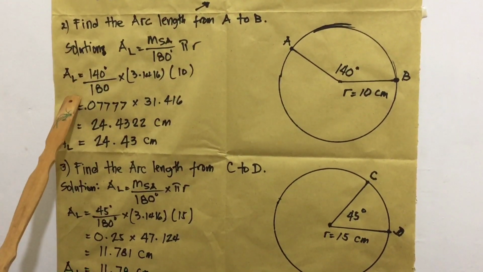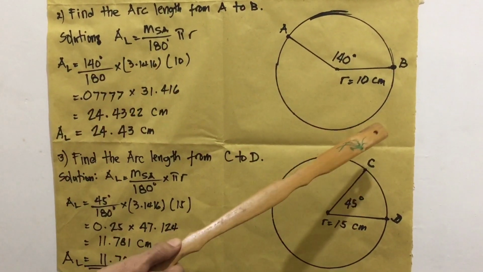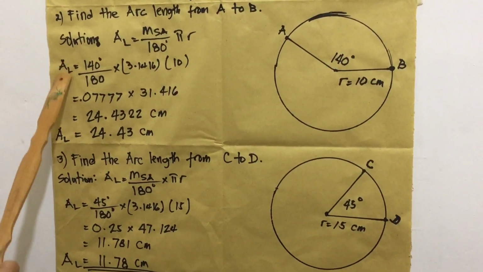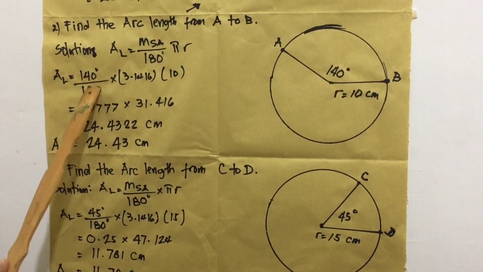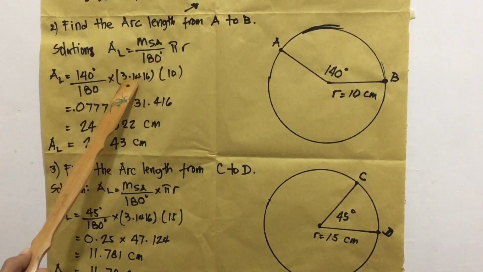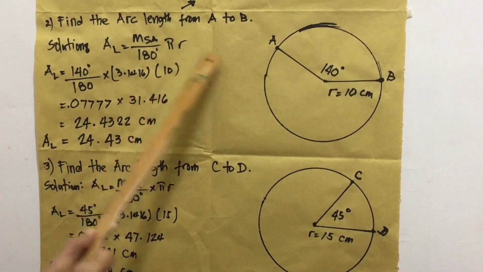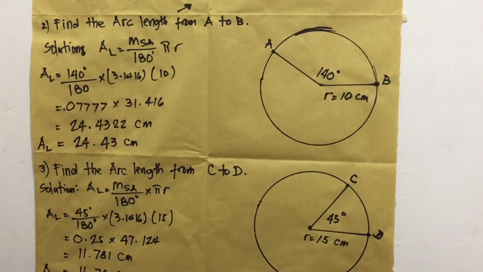The next step is we are going to substitute the given based on the problem. Arc length equals the MSE equals 140 degrees over 180 degrees times the value of pi, we have 3.1416, and the value of the radius, we have 10 here. Substitute, then multiply.